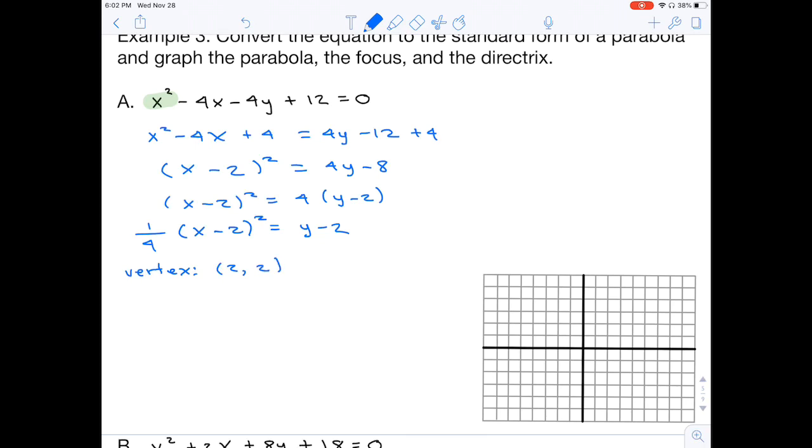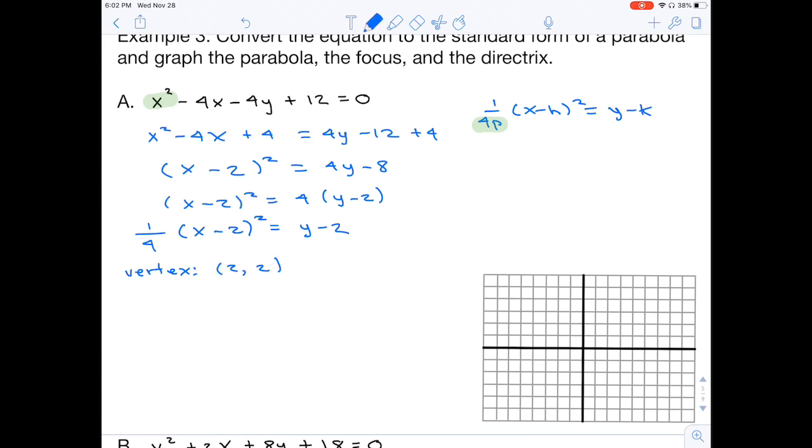Now, in order to find the focus, I want to remind you of our formula. Our formula for any of these is of this form: 1 over 4p, in this case specifically x minus h quantity squared equals y minus k. In other words, the denominator is supposed to be 4p.